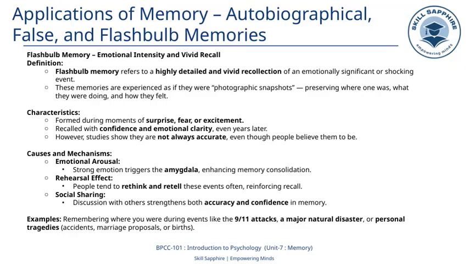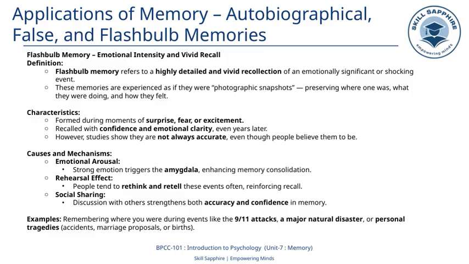Today, let's explore the fascinating world of flashbulb memories, a type of autobiographical memory that stands out due to its vividness and emotional intensity. A flashbulb memory is essentially a highly detailed and vivid recollection of an emotionally significant or shocking event.